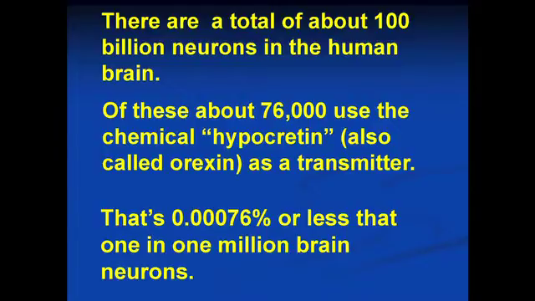So the one that has been of most interest with regard to narcolepsy is hypocretin. I thought you'd be interested in sort of the math here. There have been counts of the number of neurons in a human brain, and the general estimate is about 100 billion neurons in the human brain. Some people say 80 billion, 100 billion, but the 100 billion is a nice round number.